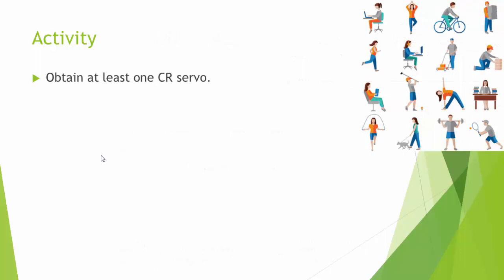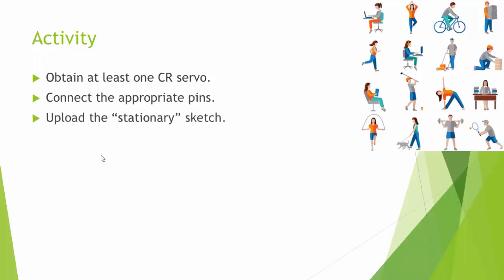Okay, so the next activity: get a hold of at least one CR servo, connect the appropriate pins, upload the stationary sketch, remember that's the sketch with 1500 milliseconds, and calibrate the motors with a Phillips screwdriver.